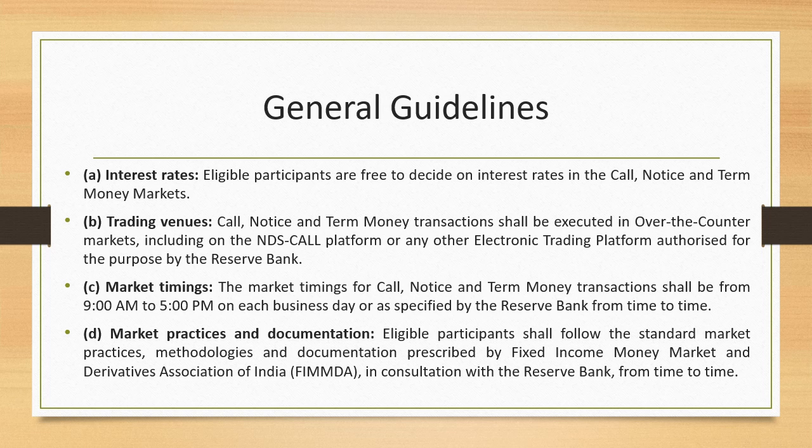There is a timing which is fixed, 9 AM to 5 PM, which is where the trading happens, and eligible participants shall follow the standard market practices, methodology and documentation prescribed by FIMDA in consultation with RBI from time to time. So these are the general guidelines for transactions in call, term and notice money market.